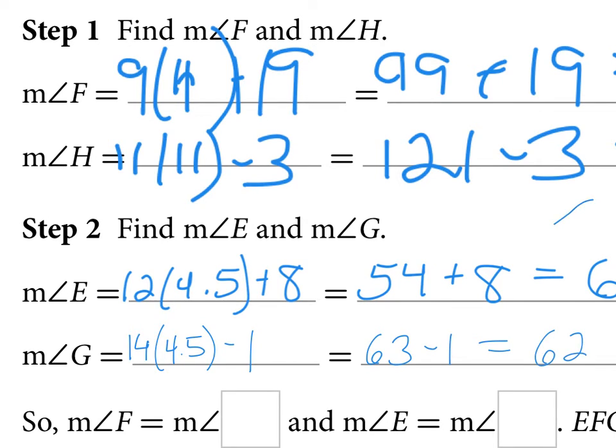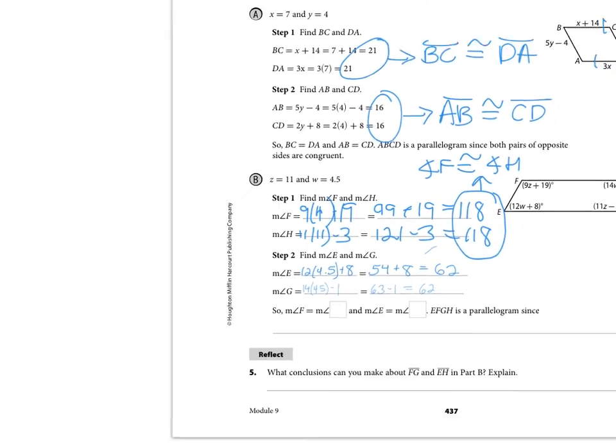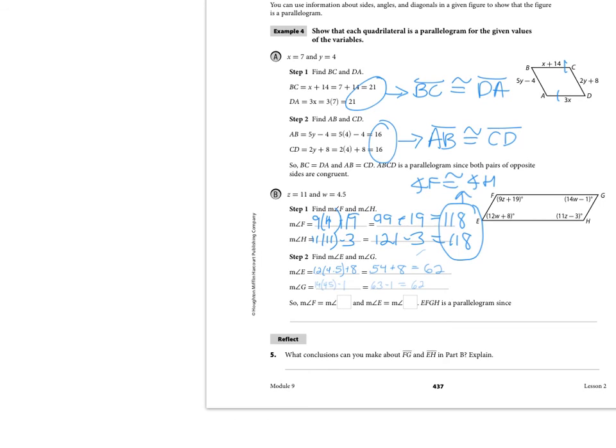So we're going to zoom back out. And when we see that we have the same value again for that angle, remember that it is giving us a second pair of opposite angles that are congruent.